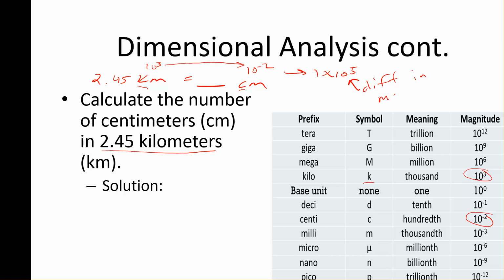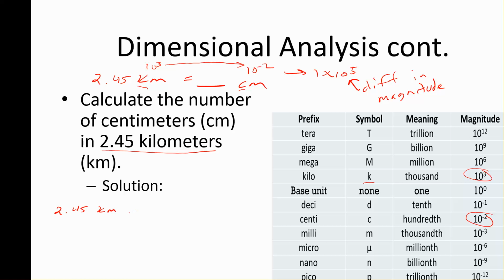Once I know my difference in magnitude, then what's my rule? Am I going from big to small or small to big? In this case, I'm going big to small because 3 is a much bigger number than negative 2, right? So my rule is I multiply when I do that, which means it's going to go on top of that fraction. So here's how I'm going to write the actual problem out now. My starting quantity is 2.45 kilometers, right?